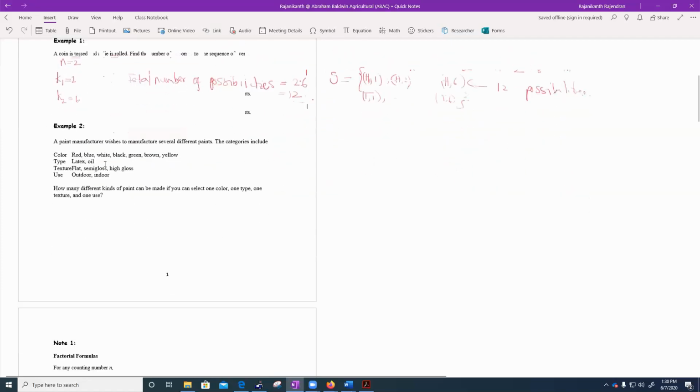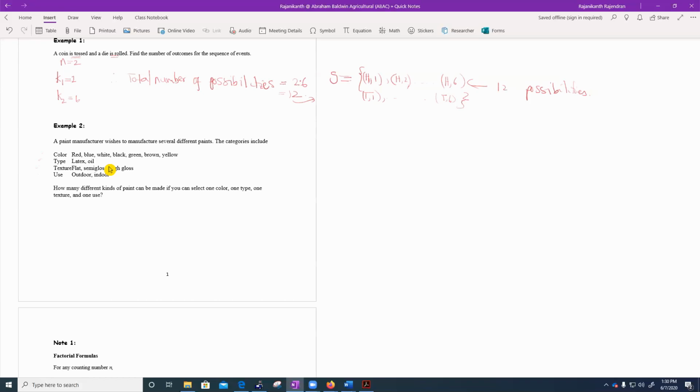Now look at the second example. A paint manufacturer wishes to manufacture several different combinations of paints. The categories include color, type, texture, and use. So there are 4 different things we have to consider. You could think of these as 4 different events, so you need to perform 4 events.